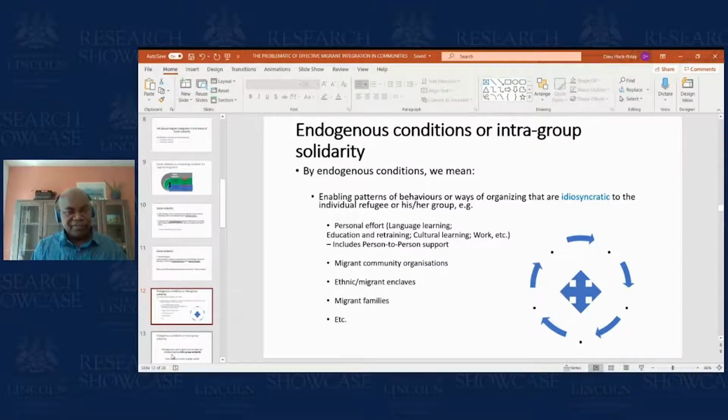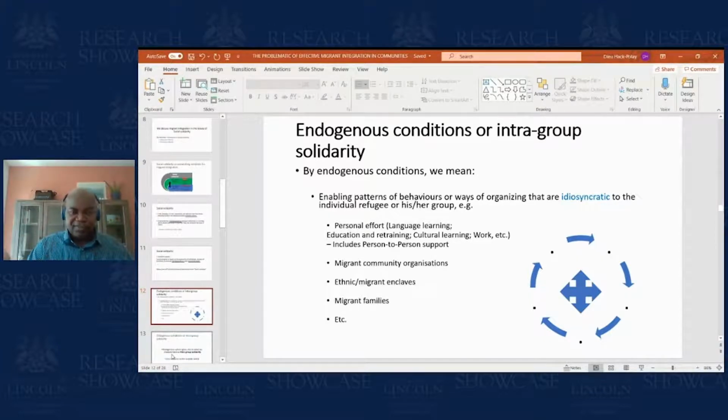So conditions that come from within the group that then support the integration strategy. So these are, as I say here, enabling patterns of behavior or ways of organizing that are linked to the individuals and to their group.